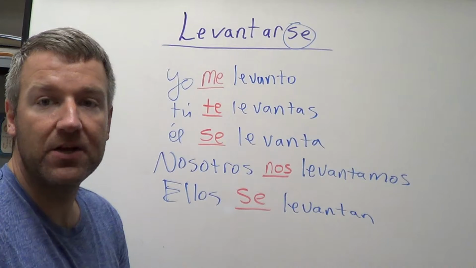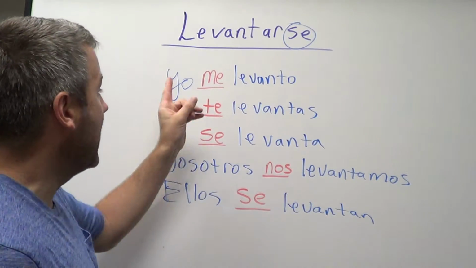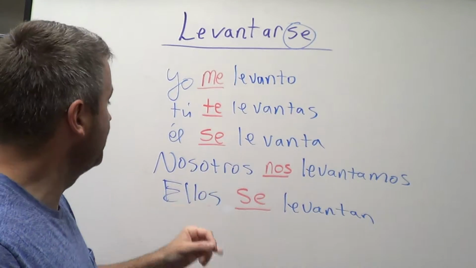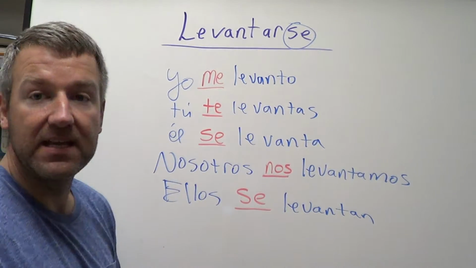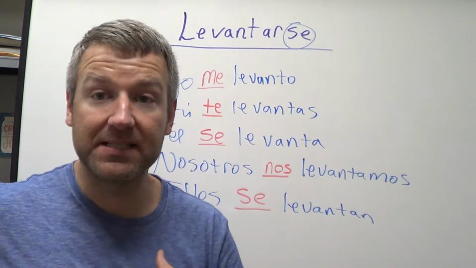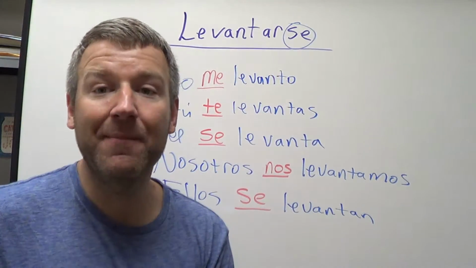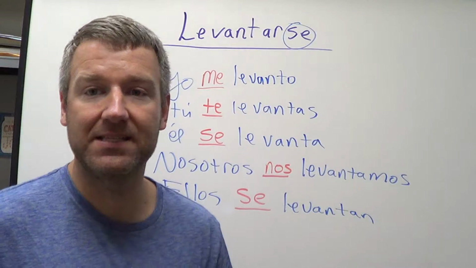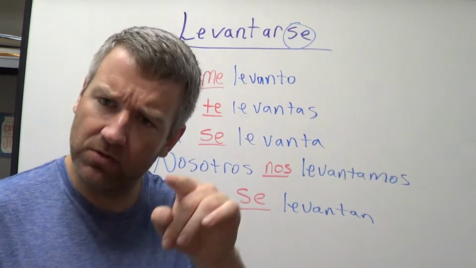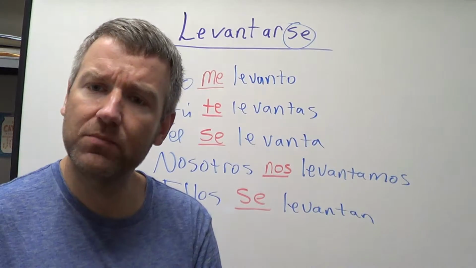So what I'm doing here is I'm indicating that I get up, you get up, he gets up, we get up, they get up. Again, yo me levanto a las 7 de la mañana. I get up at 7 in the morning. ¿A qué hora te levantas tú? What time do you get up?